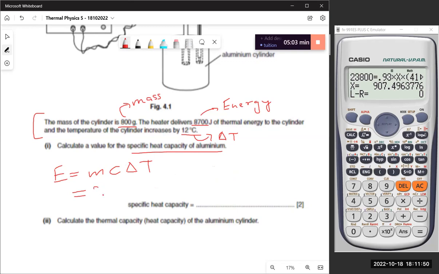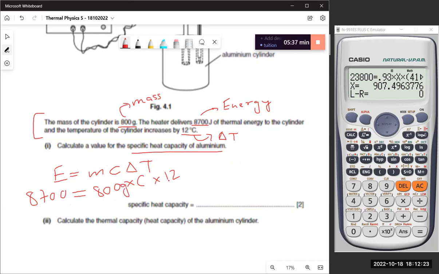800 grams. Fine. Do I know the specific heat capacity? I don't. And what is the change in temperature given? 12. And how much energy is being supplied to the cylinder over here? 8,700 joules.